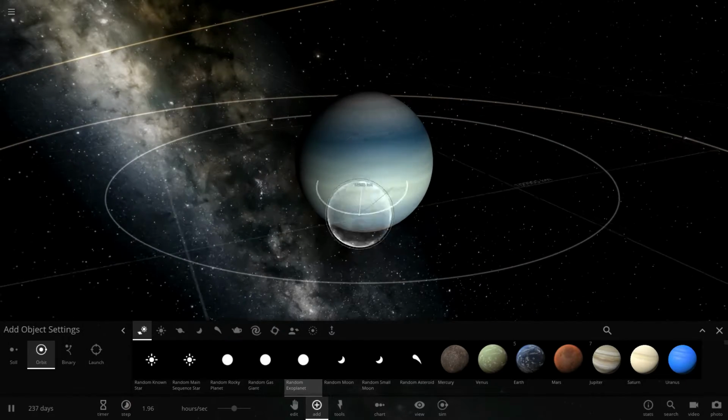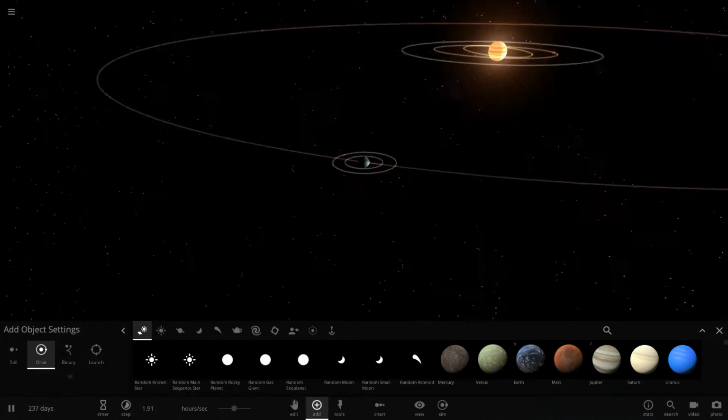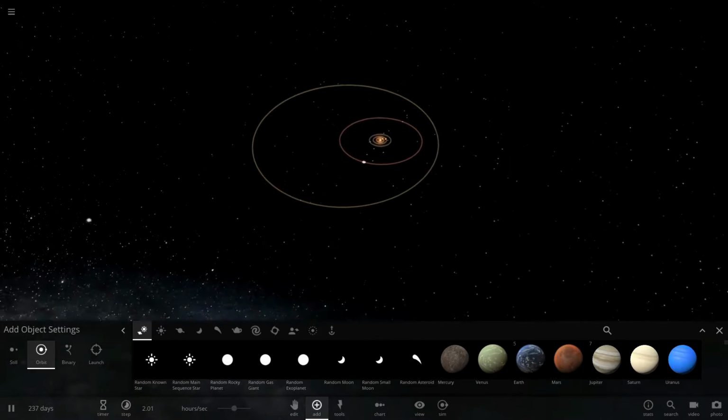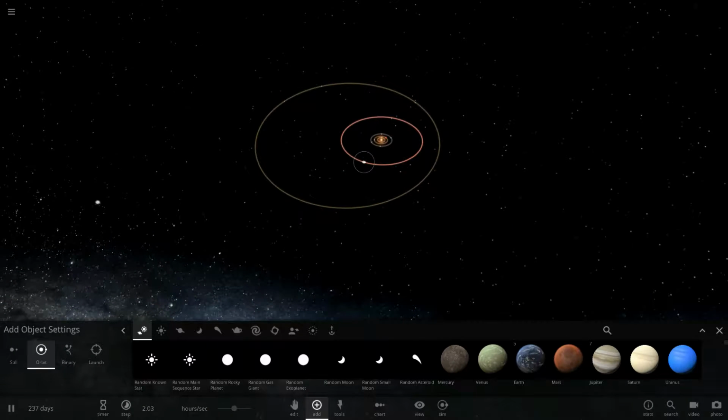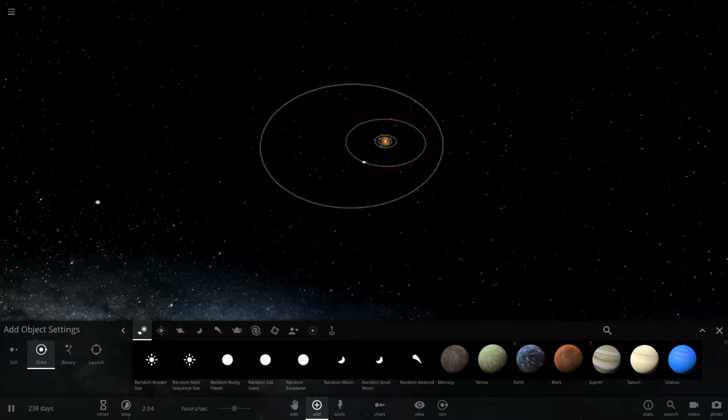Smack it in really hard and reverse its orbit. Now that's two ways this gas giant could have entered into orbit around this brown dwarf. One, it was captured. Two, it was hit really hard and its orbit was reversed.